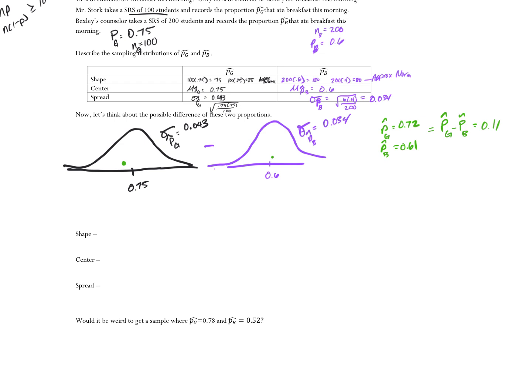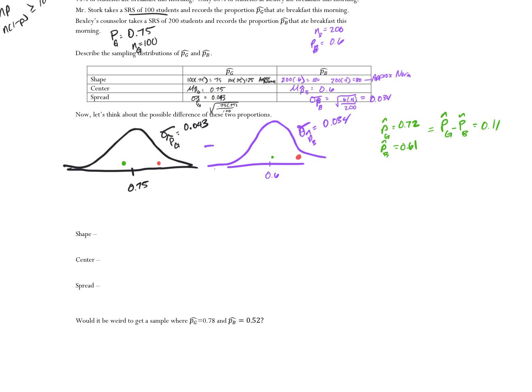Okay, let's say the green is one set of samples, and then we could get these two samples. Yeah, is everybody with me? It's very reasonable if somebody else takes two different samples from each school and gets totally different ones, yeah?